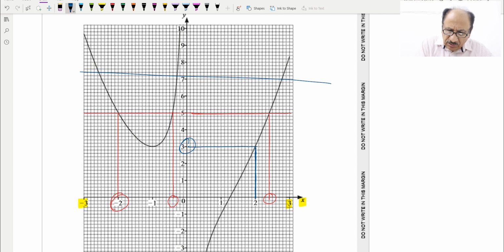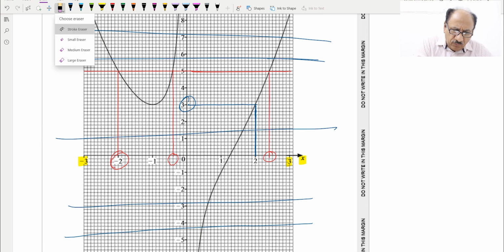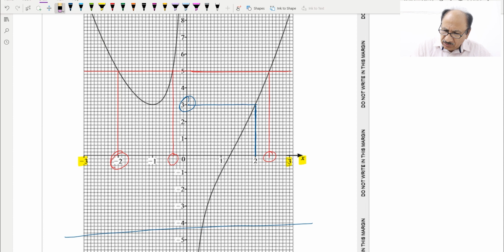Anywhere here will be three solutions. If we go down, anywhere here will be only one solution, here also one solution. So where will be exactly two solutions, that we need to indicate. If we check this one, at this position it will be touching this graph as well as intersecting this graph also.